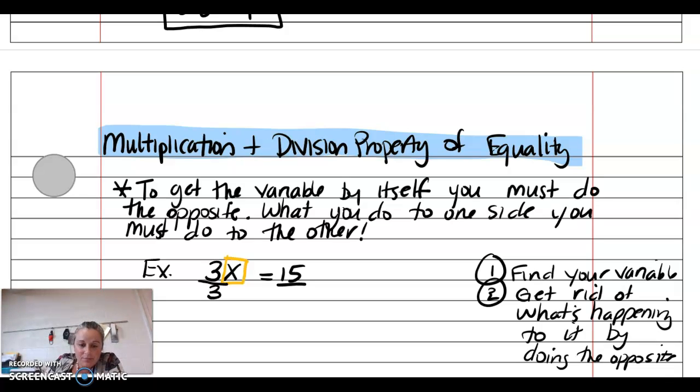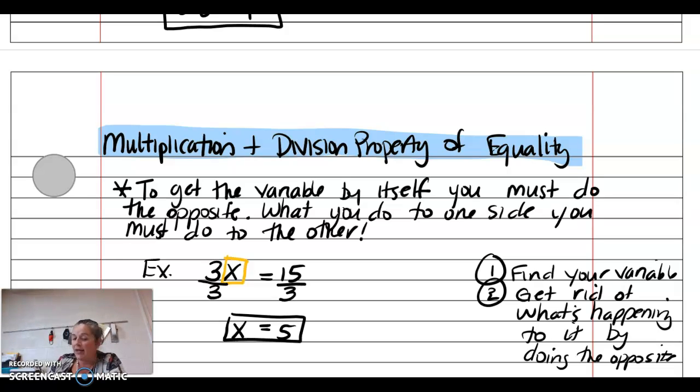And if I divided the left side by 3, then I have to divide the right side by 3. And we'll show that with the fraction. So this becomes a 1x, or just x, is equal to whatever 15 divided by 3 is. 15 thirds is actually 5. So I have 1x is 5.